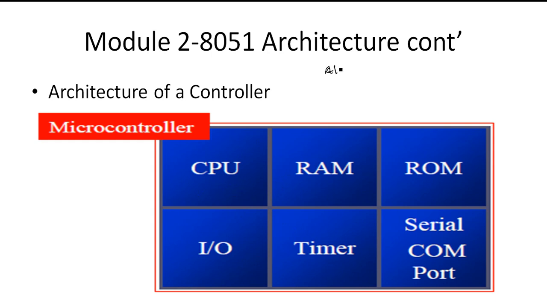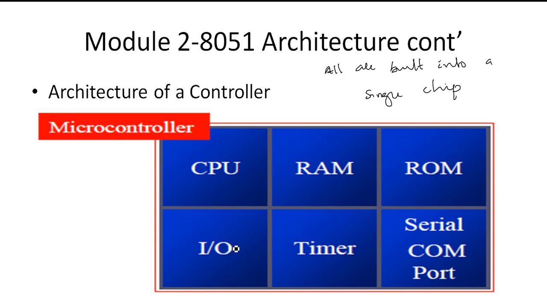All are built into a single chip. That is a microcontroller. So inside a microcontroller, we have a CPU, central processing unit, and a RAM, which was external for the microprocessor. There is a ROM, which was also external.